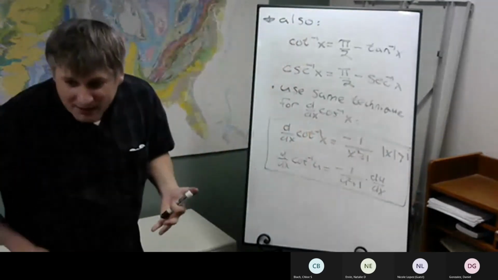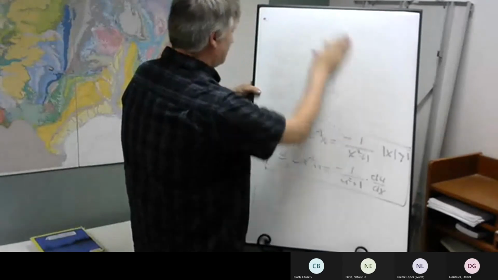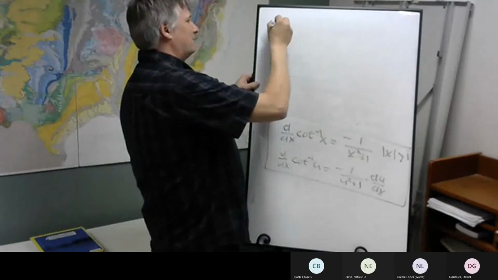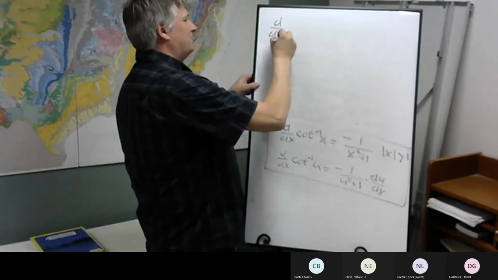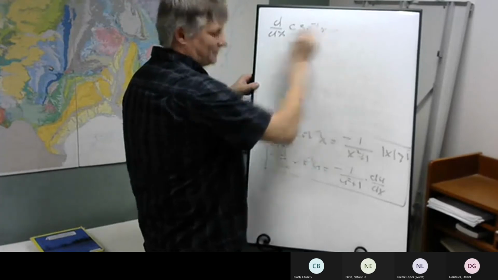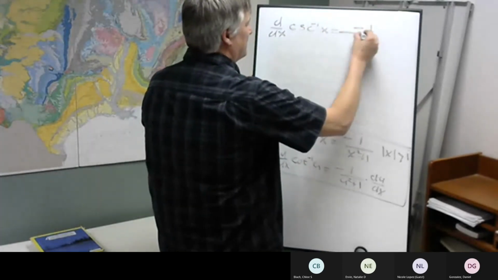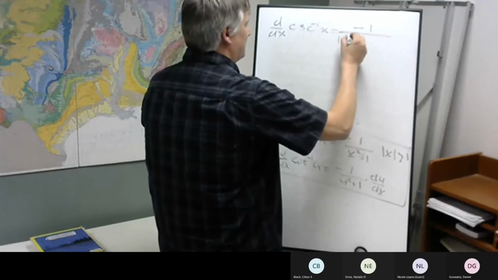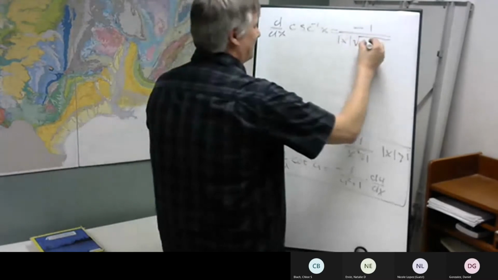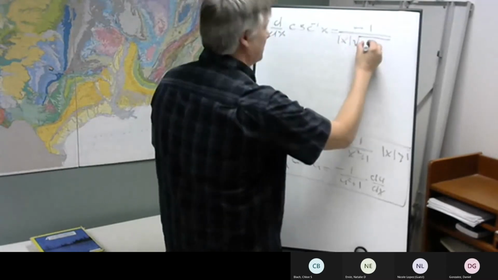And then the last one, and that's going to be it. Derivative of cosecant inverse of x. This will be negative 1 over absolute value of x. So it picks up a negative again. Let's see, square root of x squared minus 1.